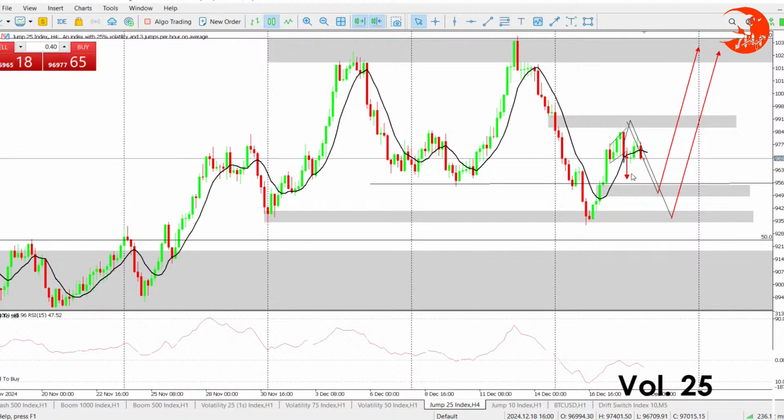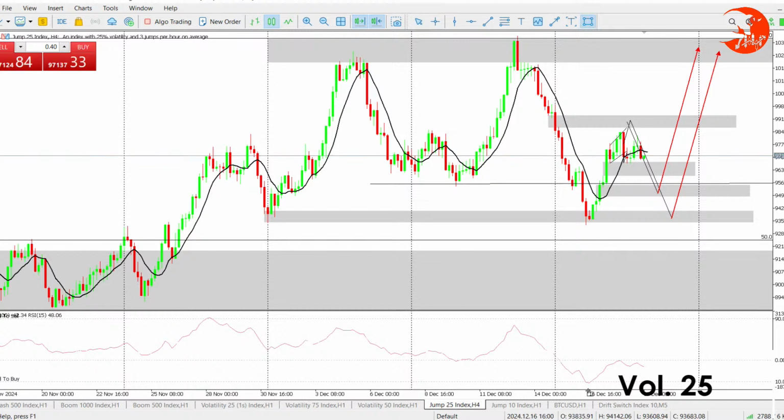According to H4, there's a liquidity grab right here. First delete this. There's a liquidity grab right here to fill before we can head over for the buy. But also there's this one. So we have two levels. So don't be surprised if it goes for this, even though I drew this and that. So there are three levels where price can actually make the retracement from.